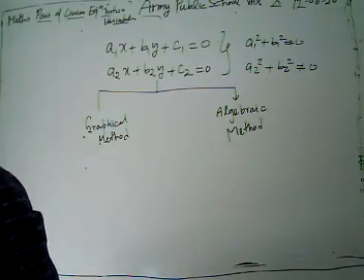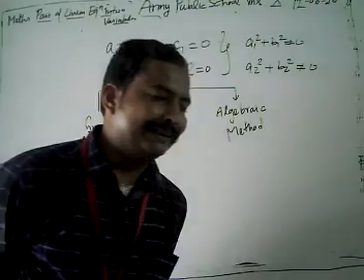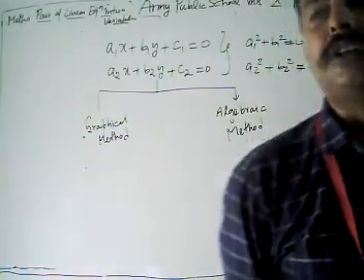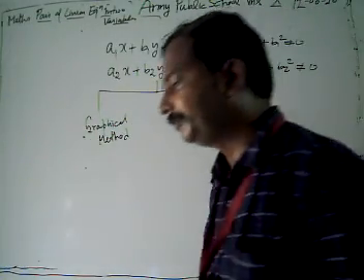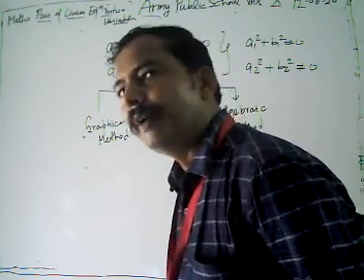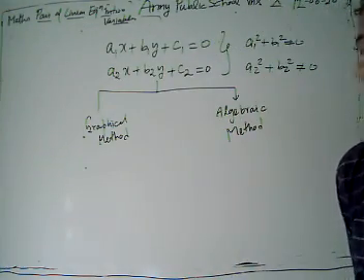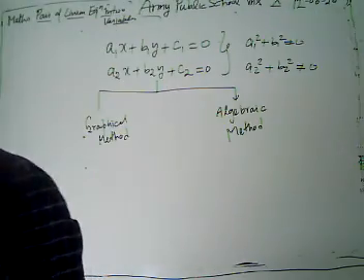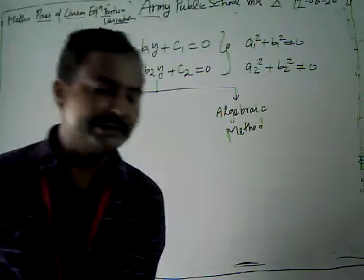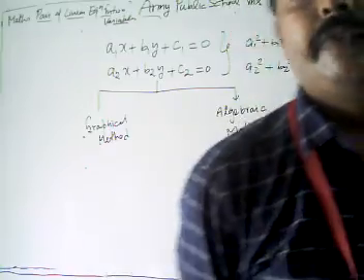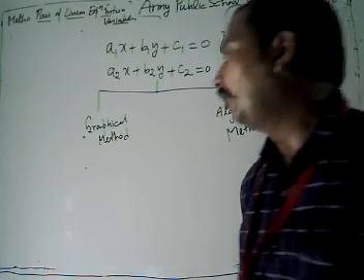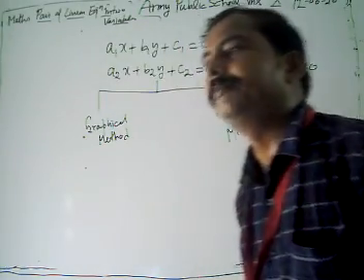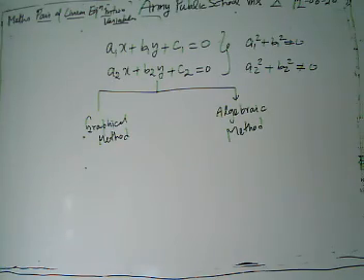When the lines are intersecting, in this case we have just one solution. When lines are parallel to each other, in this case we do not have a single point common to each other. We don't have a common solution.